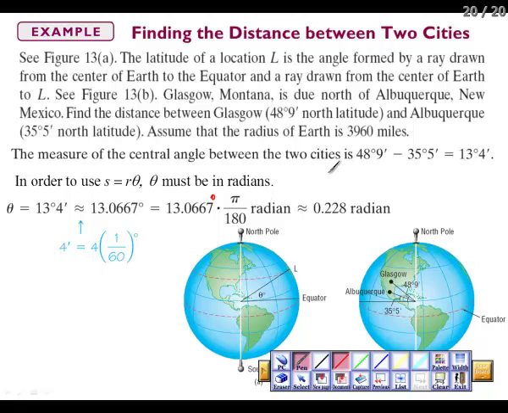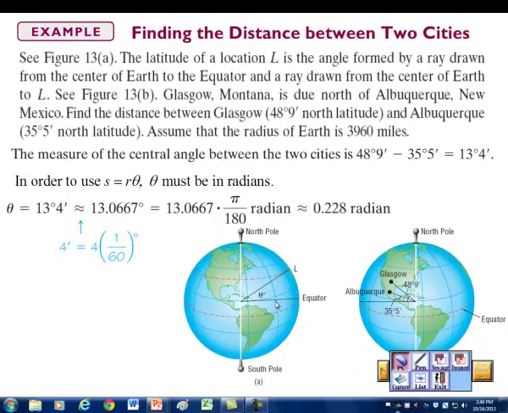And we're going to use the conversion pi radians equals 180 degrees. So we have to ask ourselves, what's going to go in the denominator so that the degree units can cancel and we end up with radians? Well, 180 is going to go in the denominator. And so from there we get 0.228 radians.